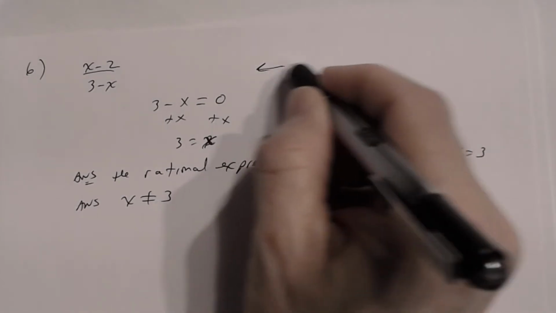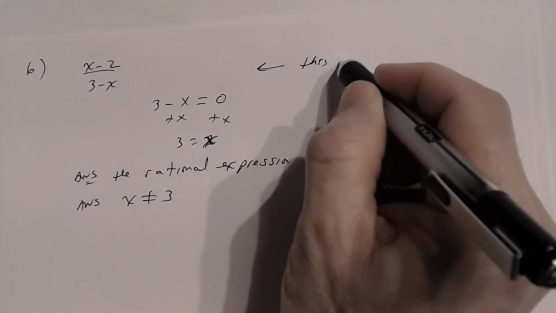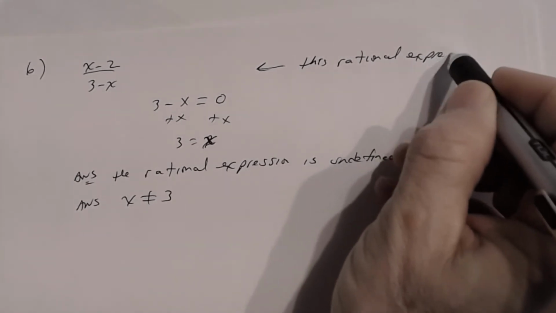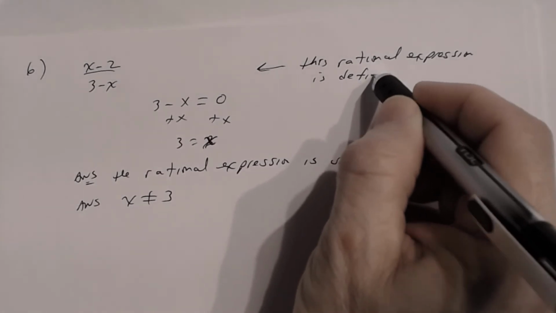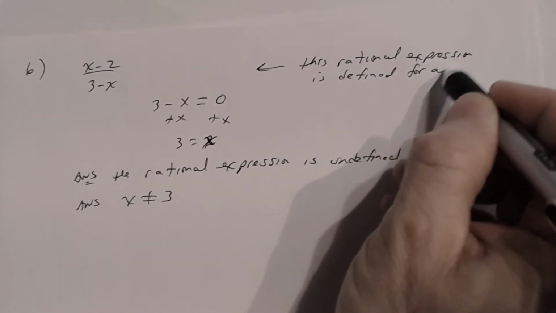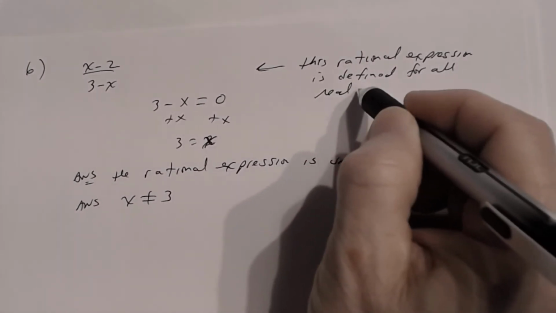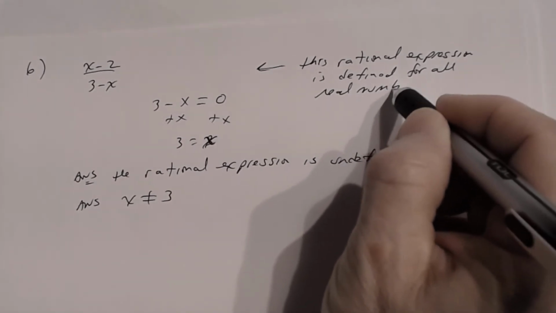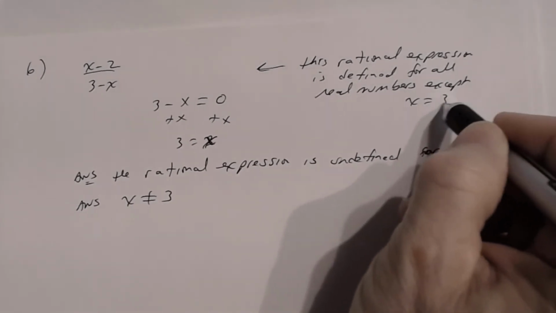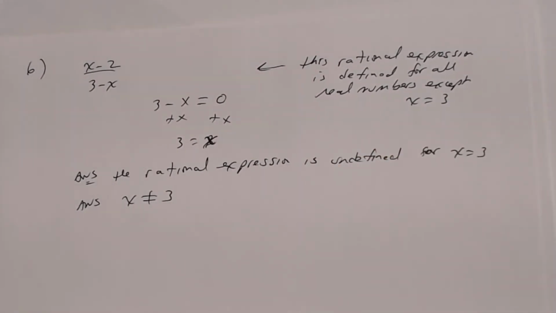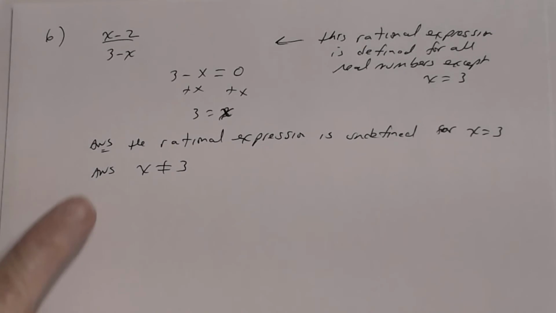So this rational expression is defined for all real numbers except x equal 3. So that's what all this means. Okay? But in terms of the answer to the directions, put one of these two.